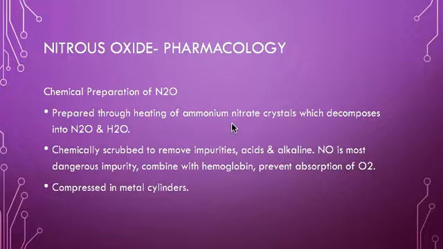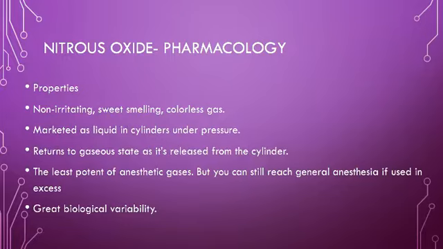And once you've got it chemically scrubbed and clean, then it can be compressed into metal cylinders. When it gets compressed into the metal cylinders, it actually becomes a liquid under those high pressures. These are some of the properties of nitrous oxide. You'll notice that the third bullet point says marketed as liquid in cylinders under pressure.